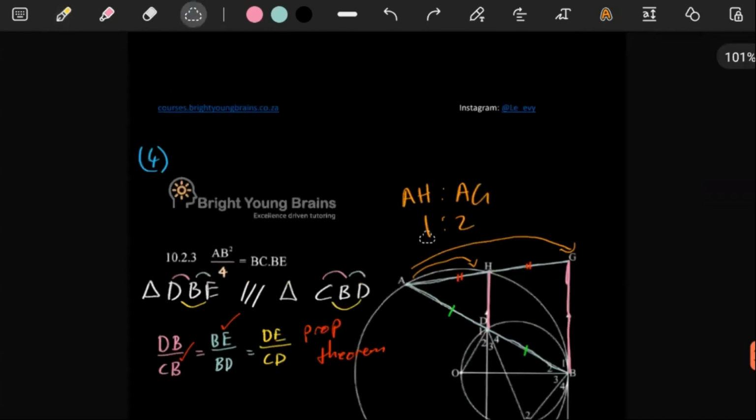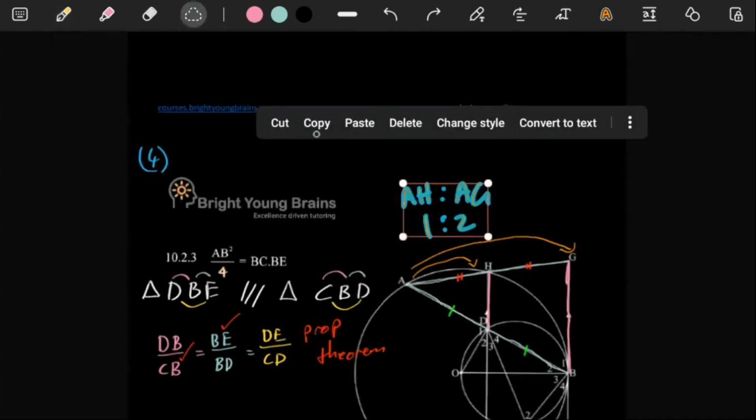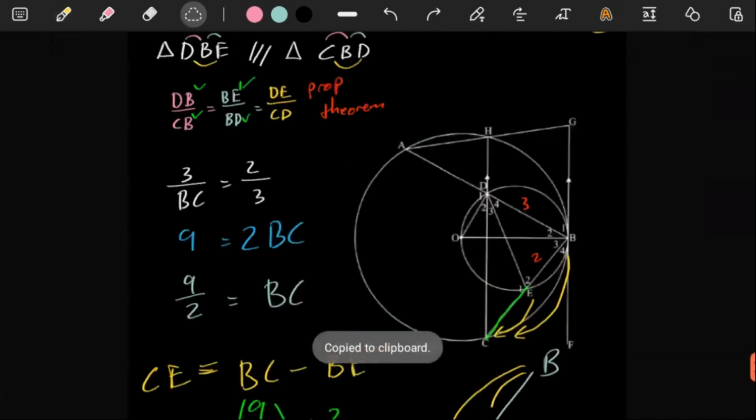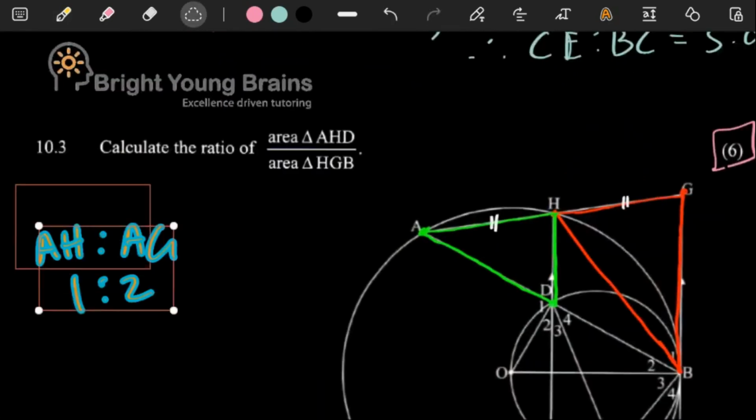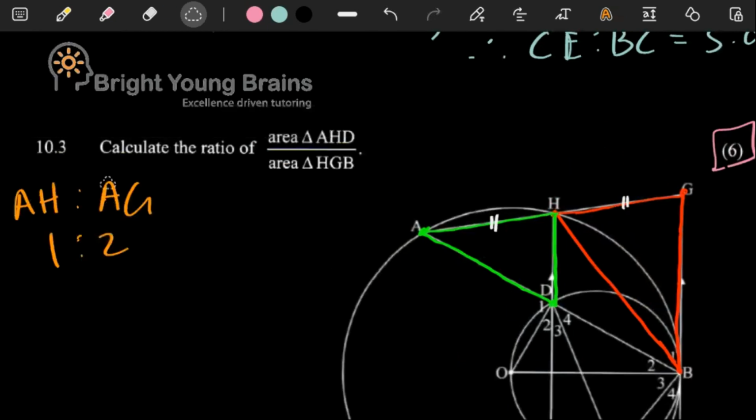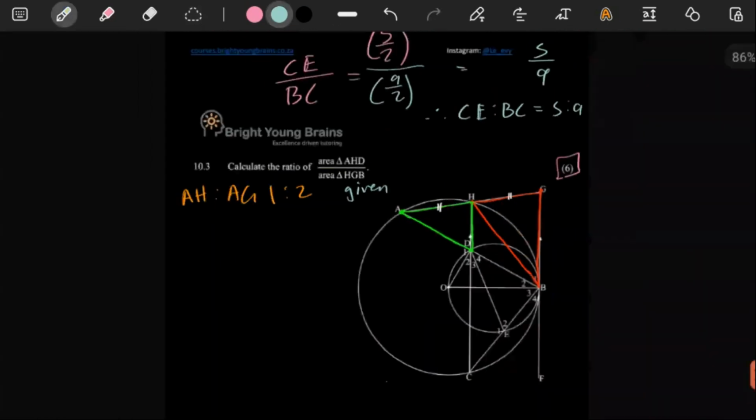They told us this information here: that the ratio between AH and AG is 1 to 2. You might as well write it out, and you can put given there, just for the vibes.